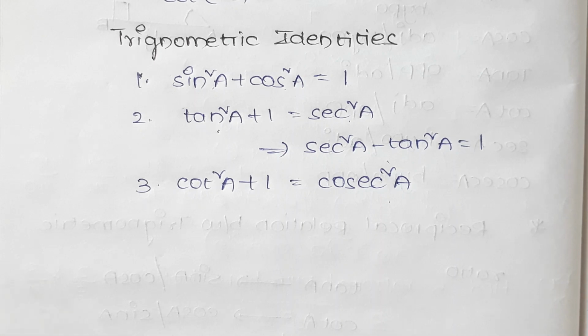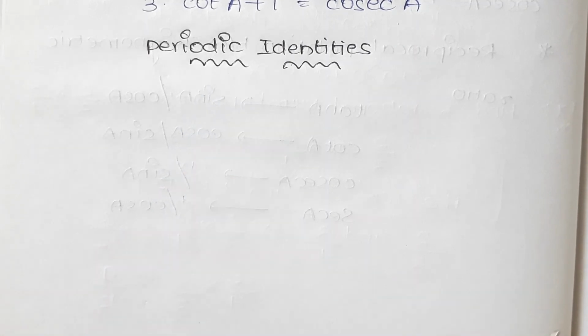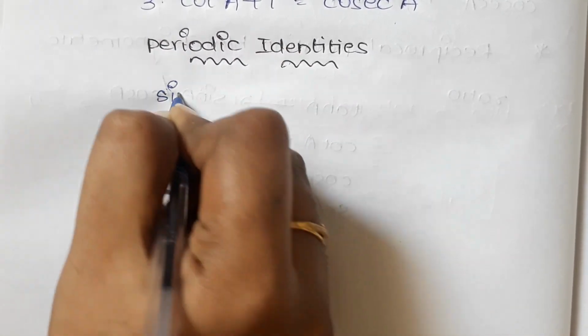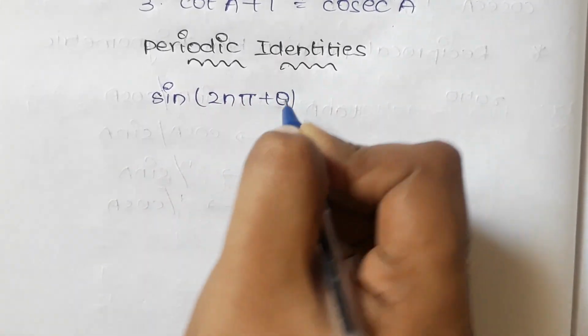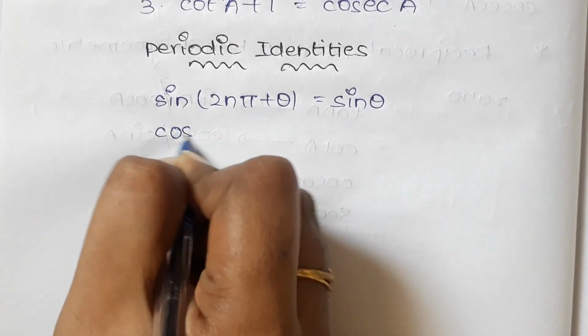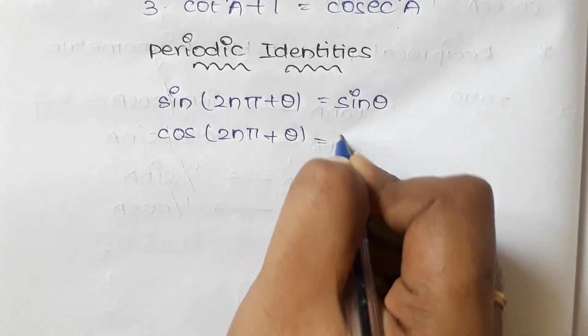Now let us see the periodic identities for these trigonometric ratios. In periodic identities, we know that the period is 2 pi. Some formulas based on these: sin of 2n pi plus theta is sin theta. Similarly, cos of 2n pi plus theta is cos theta.